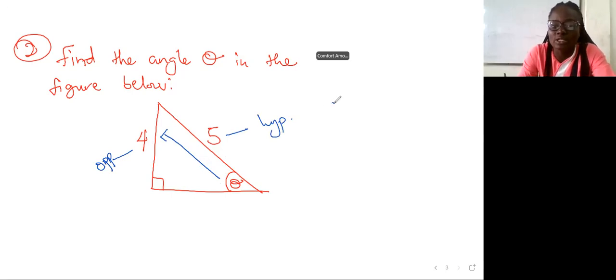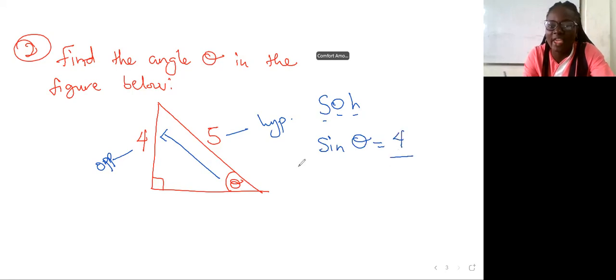So we are going to get SOH, which is sine. So we are going to get sine theta is equal to the O, 4, over the H, 5. Okay, and this is giving us what? Sine theta is equal to 0.8. We have to find the angle.